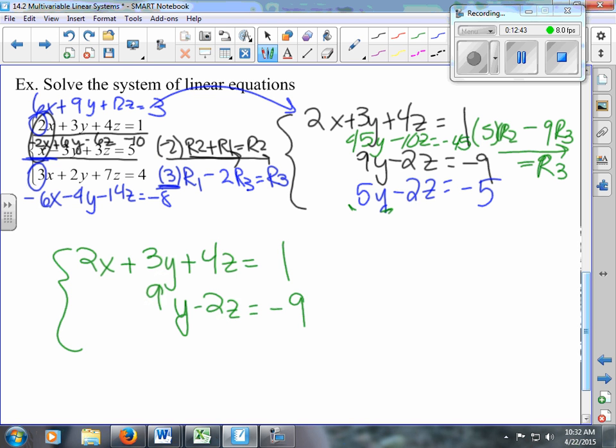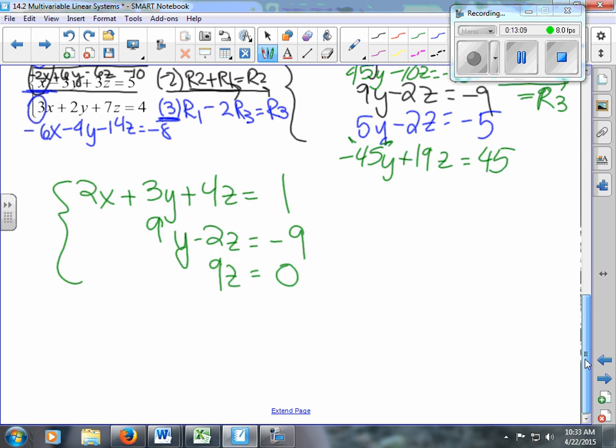And then on the bottom, I'll have negative 45y plus 19z equals positive 45. Okay, yes. So that's going to give me 9z equals 0. 9z equals 0.